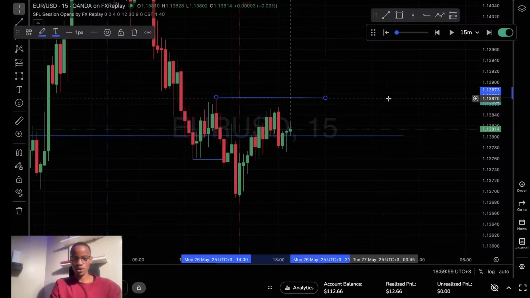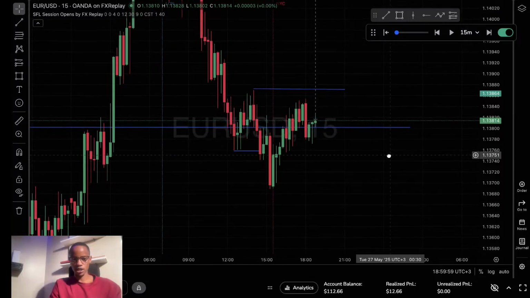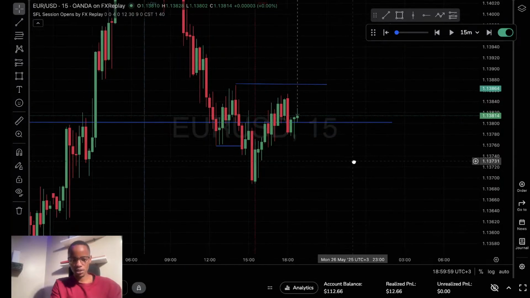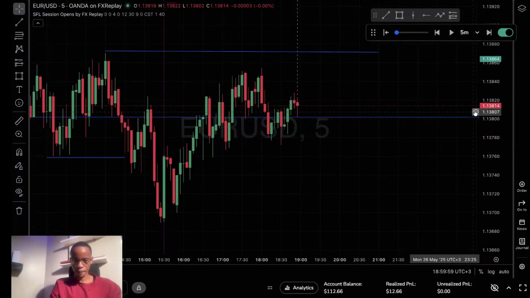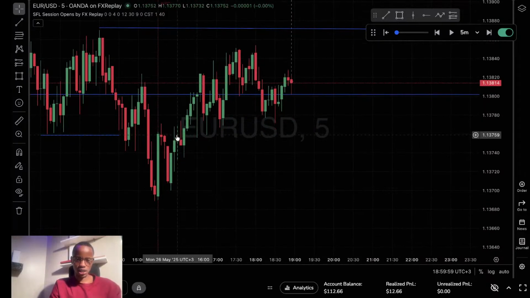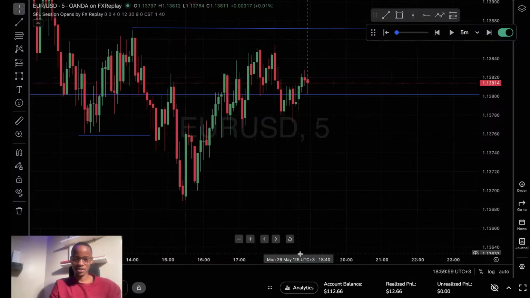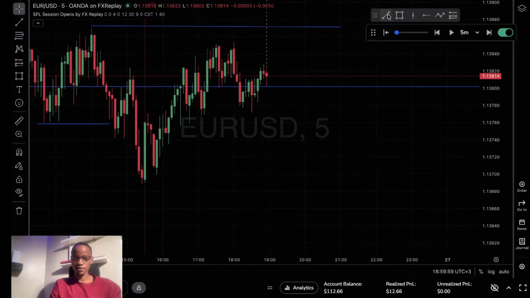Now I would love to confirm a swing trade above here. And now for scalps, I'll go to the M5. For scalps, I don't have any trade unless this liquidity is taken out.